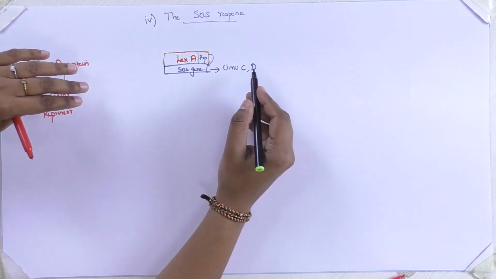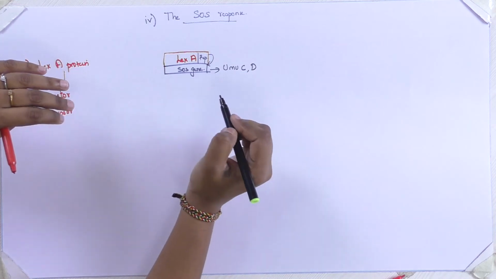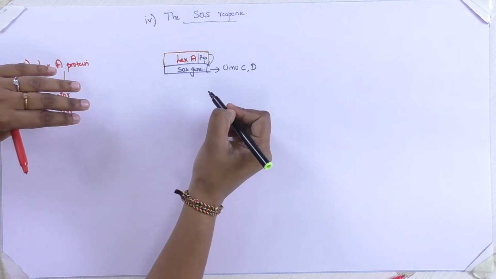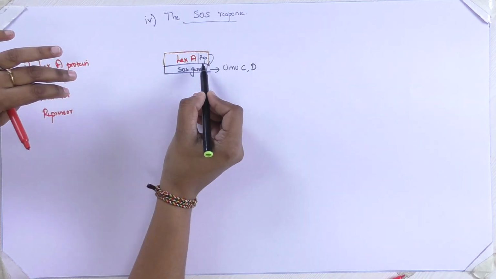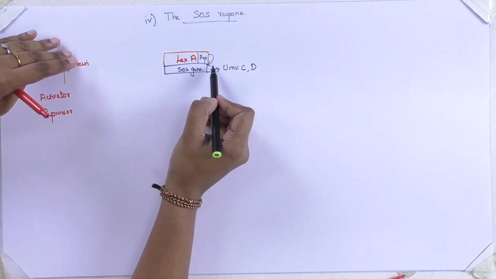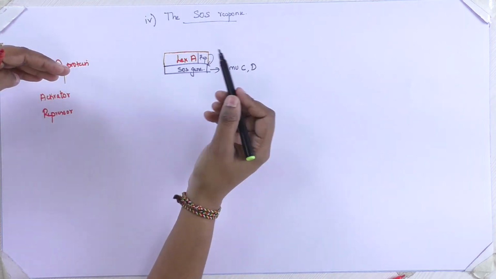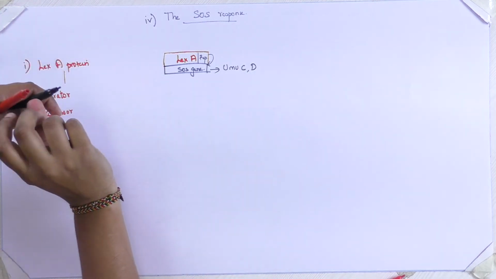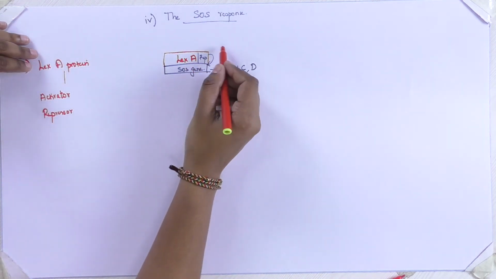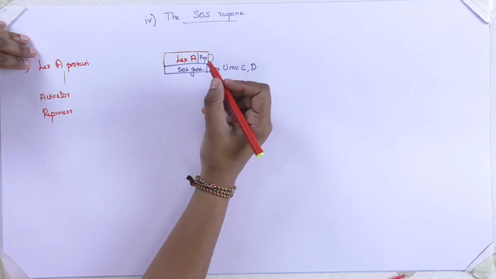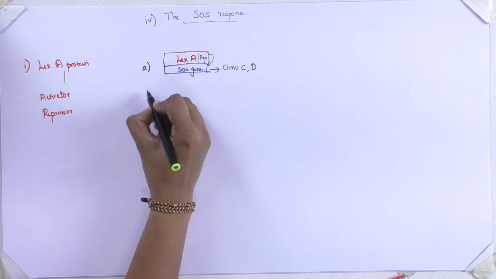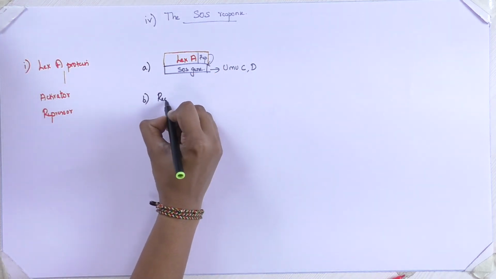UmuC and D are the SOS genes which can repair the DNA damages by themselves, but the LexA protein, the repressor molecule, is suppressing the SOS gene, so it can no longer repair the DNA damage. So what we are going to see is how this LexA will be released. For the previous process we studied the RecA protein, right?